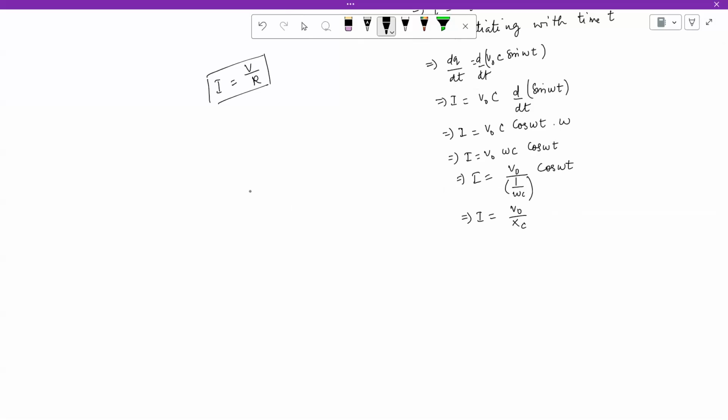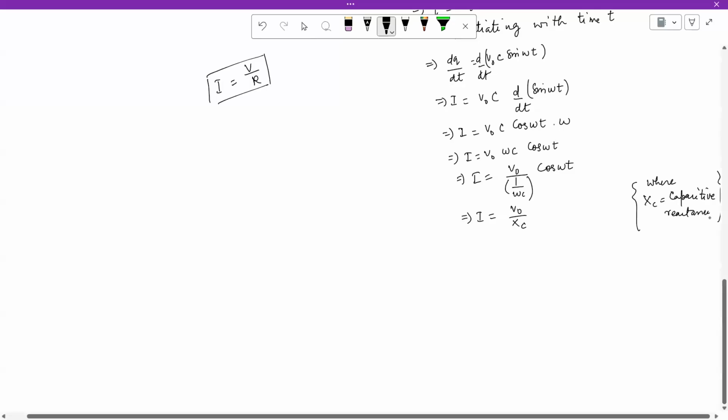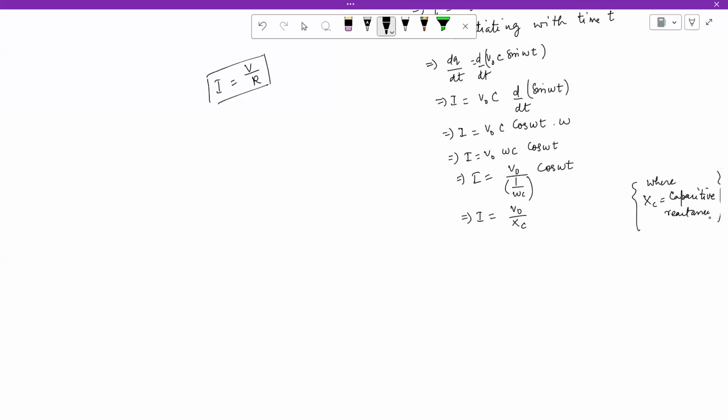where Xc is the capacitive reactance, right? So in a capacitor, the capacitive reactance acts like a resistance.